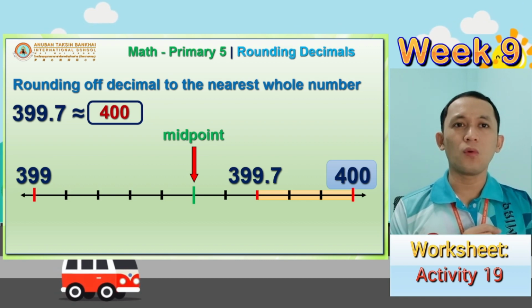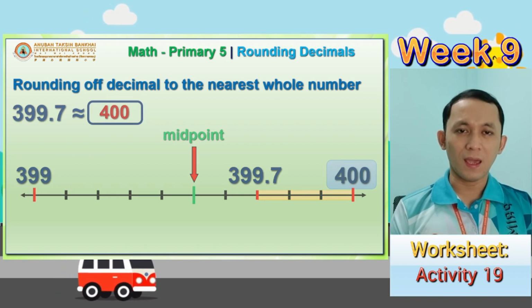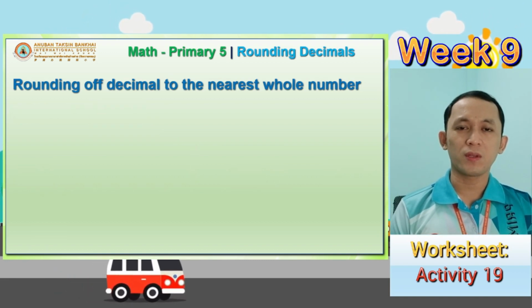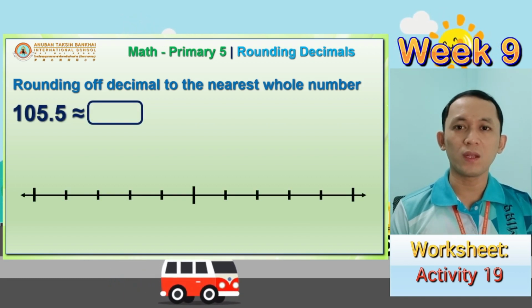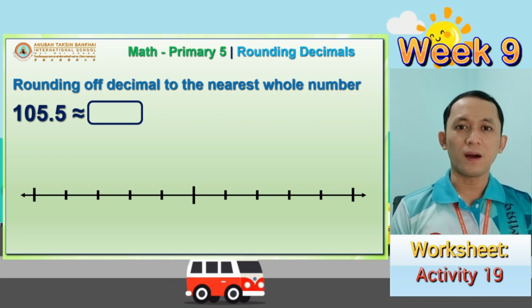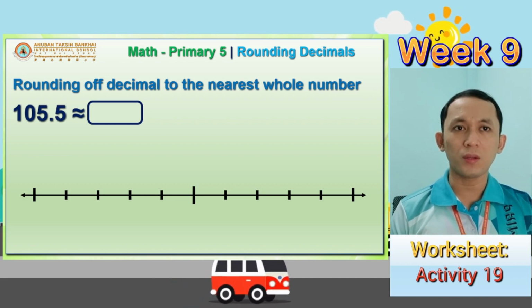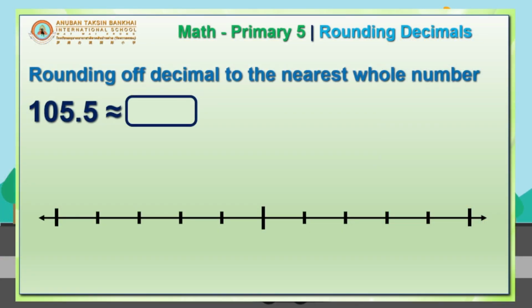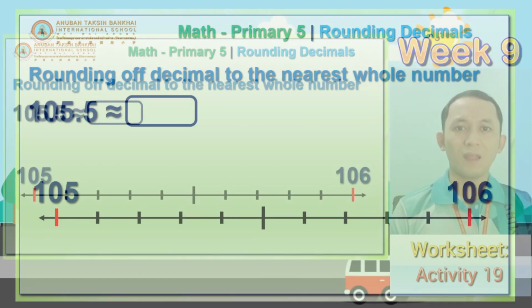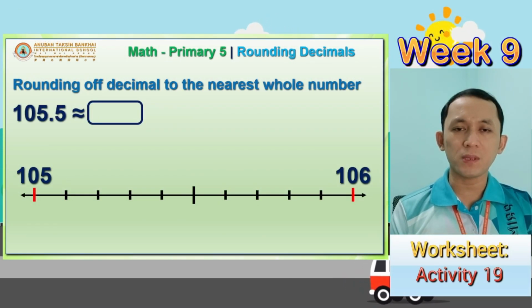Let's have one more example before we discuss our activity number 19. We have here 105.5 is approximately equal to blank. The same process: you write the whole number, 105, then the next whole number, 106, and then write the exact position of 105.5.